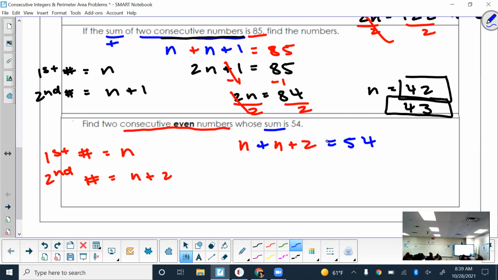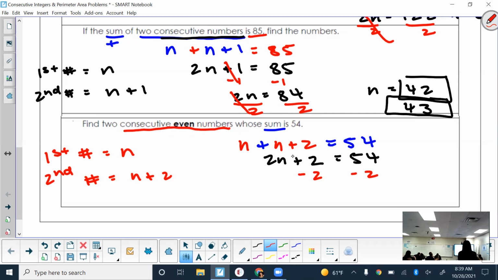Now we just combine like terms and solve. So n plus n is 2n. Bring everything else down. And when we're getting the n by itself, always start with what's farther away. So instead of adding 2, we're going to subtract.